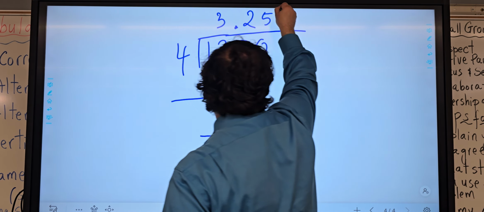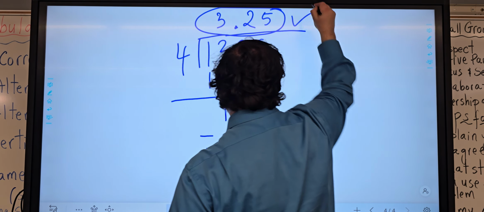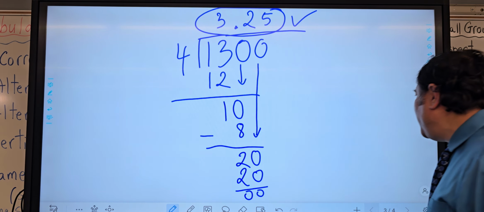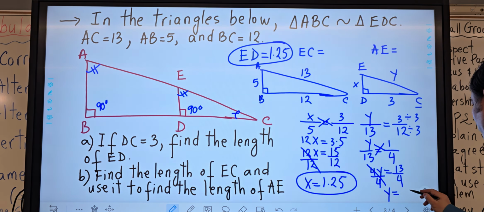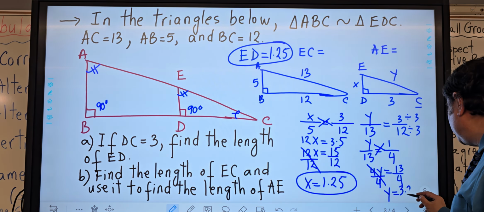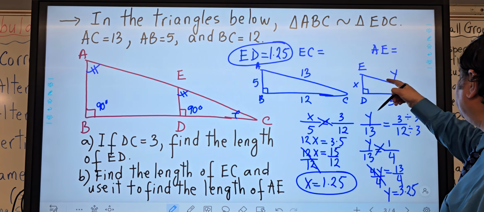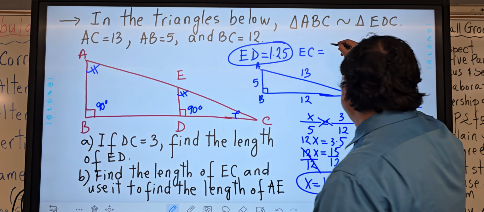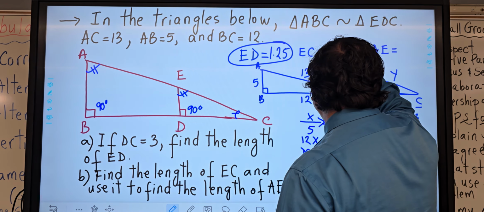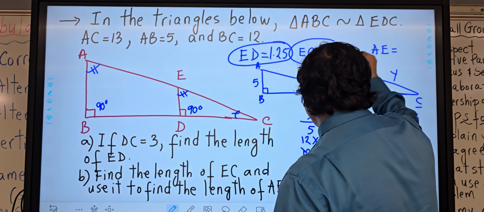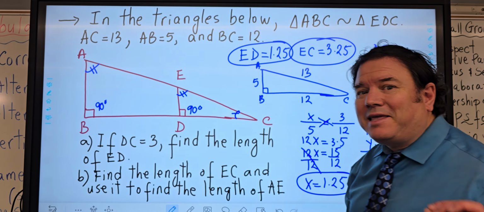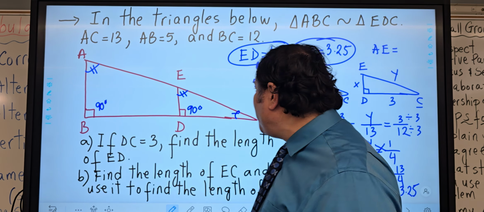Okay, so we get 3.25. So y, or EC, equals 3.25. Make sure you get the same answer in order for you to get that happy face and A++.